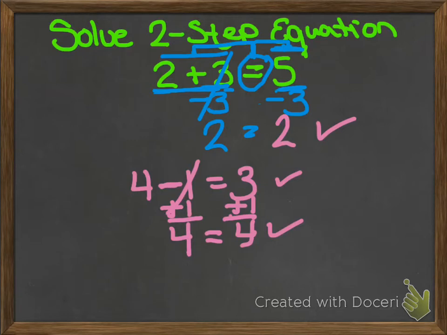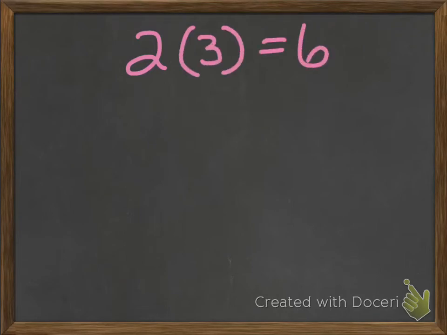Alright, let's try, what if we're multiplying? What if I have 2, oops, I got ahead of myself there. 2 times 3 equals 6. Well, if I'm multiplying by 3, what if I divide by 3?